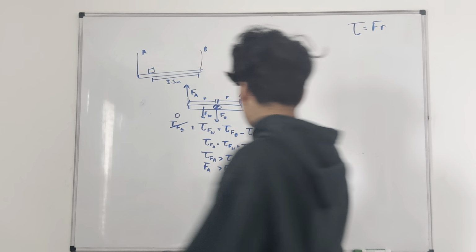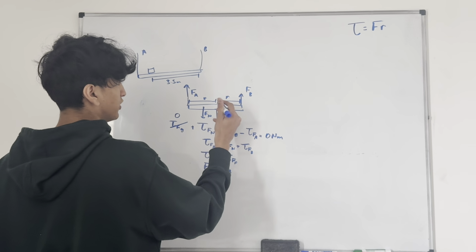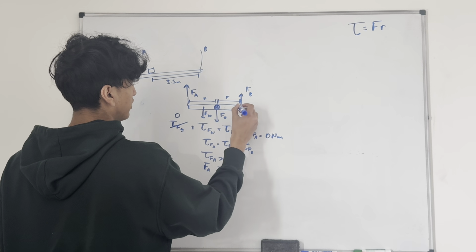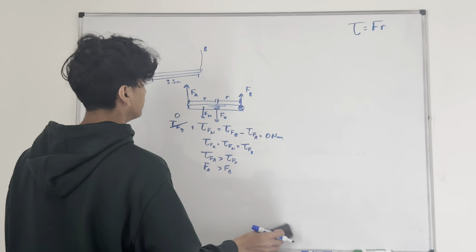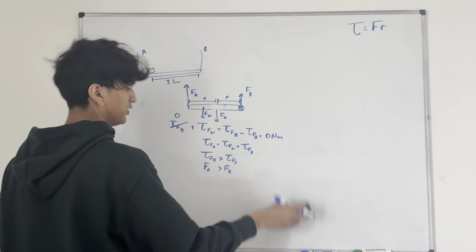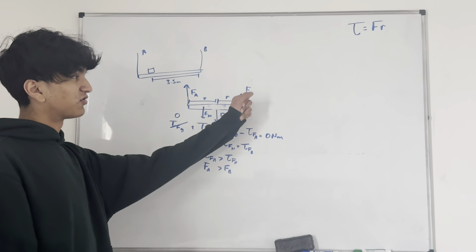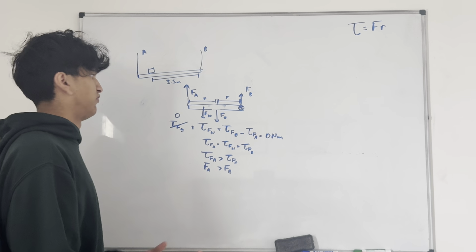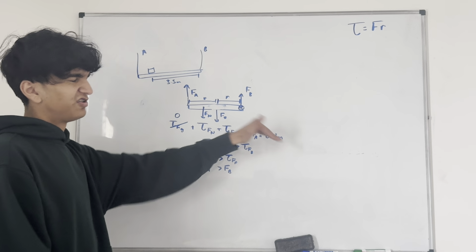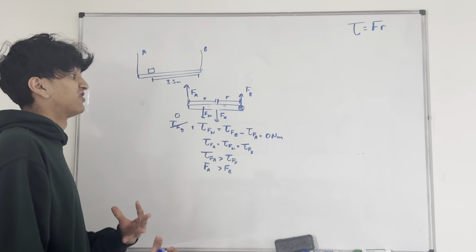And if I change my axis of rotation to this one, look at that. Sorry, I redrew what I just erased. I'm so silly. So if I put my axis of rotation here, Fb produces no torque. If Fb produces no torque, that gets rid of an unknown for me.